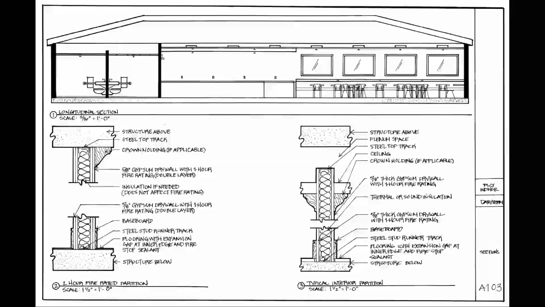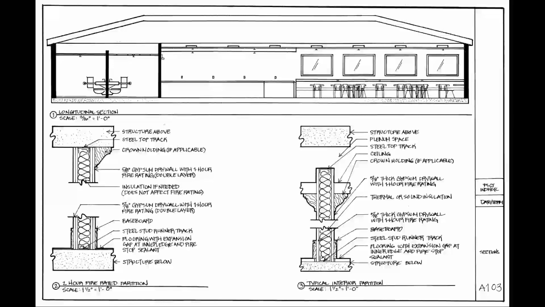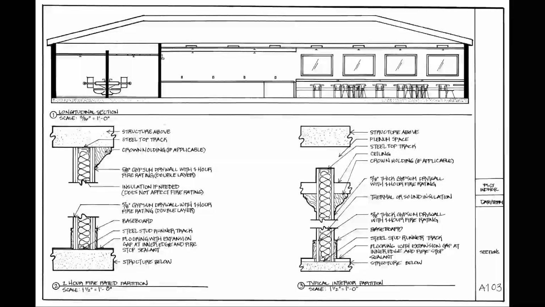But for now, I would like to move on and discuss the partition sections that you see here. Once again, these are just typical, they're throughout, but I want to differentiate for you between what a 2-hour fire rated partition is and what a typical interior partition is.